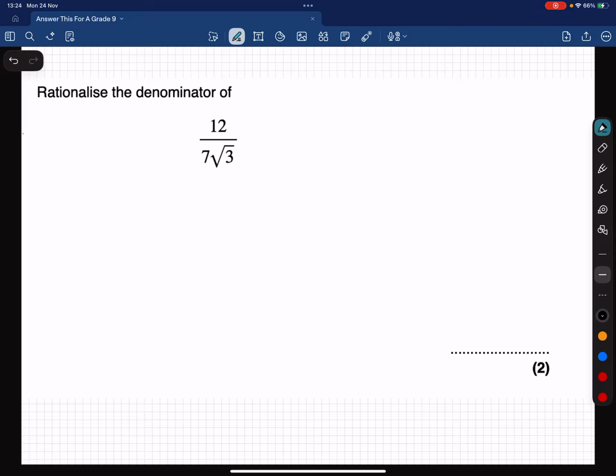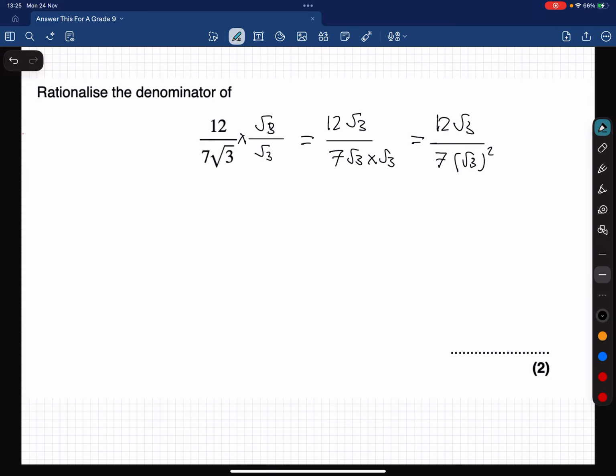Right, let's go for it. So to rationalise, we need to multiply the top and the bottom by root 3. This is equal to then 12 root 3 over 7 root 3 times root 3, which is equal to 12 root 3 over 7 times root 3 squared.